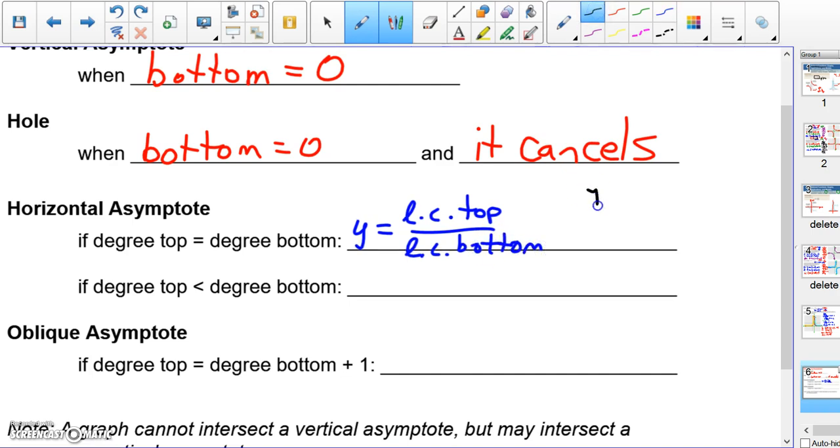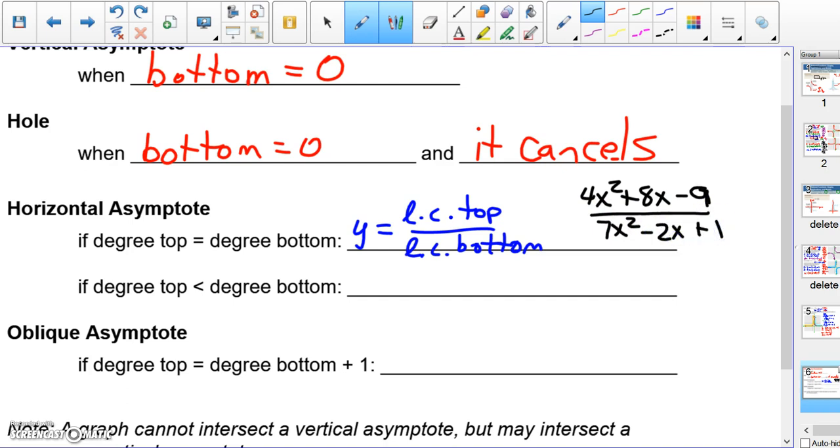And so what I mean is like this. If you have a function that looks like, let's say you have 4x squared plus 8x minus 9 over 7x squared minus 2x plus 1.